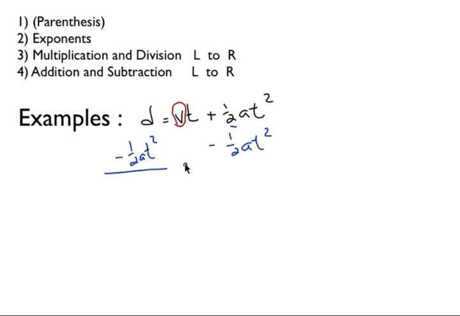The 1/2 at squared is canceled, and we end up with d minus 1/2 at squared equals v times t. So you see we moved that whole thing over as one variable, didn't change it, just subtracted the whole thing over. Now we want to again solve for v.